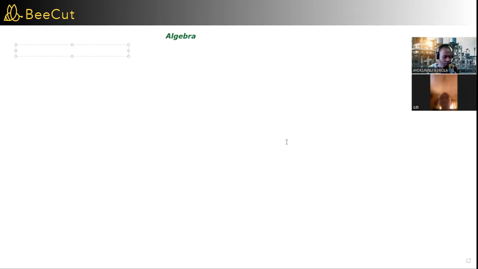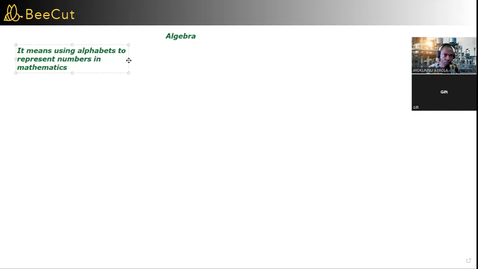It simply means using alphabets to represent numbers in mathematics. So we're going to be looking into some examples now.